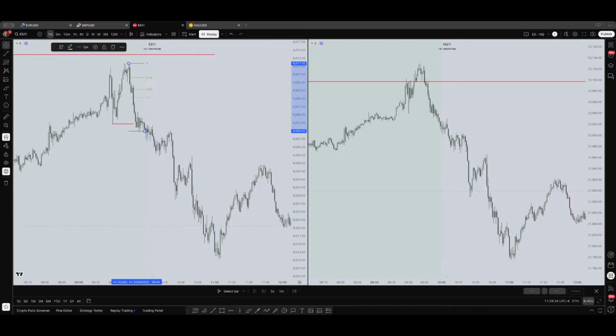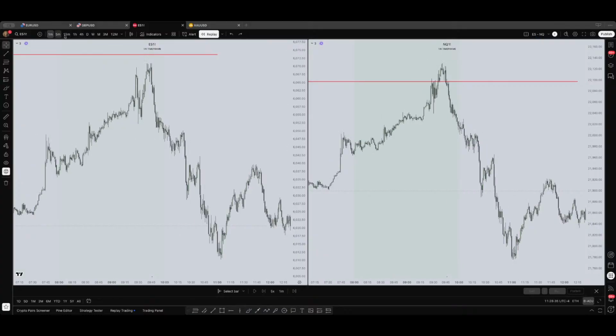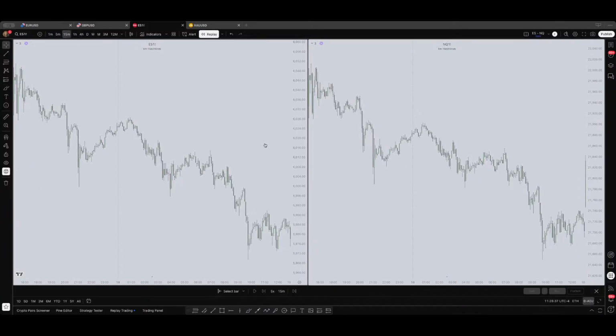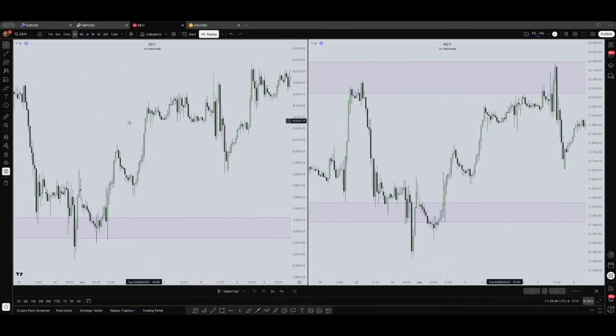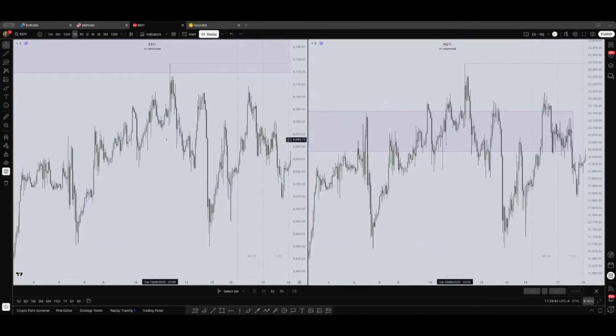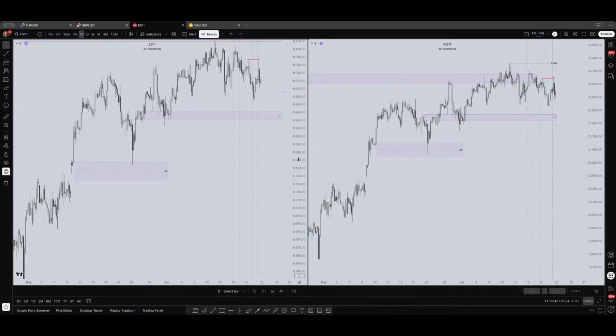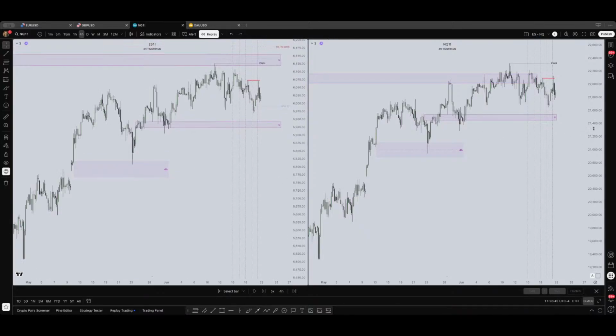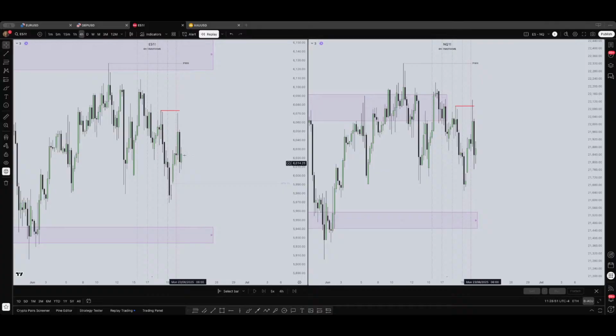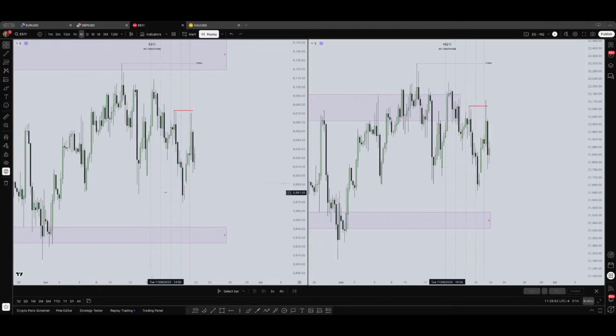I was expecting price to visit this area and I was trying to trade from here, but it didn't happen. Price was not so friendly Thursday. So that's one of the reasons why I have 2 charts and observe both. That's why I'm using both charts.